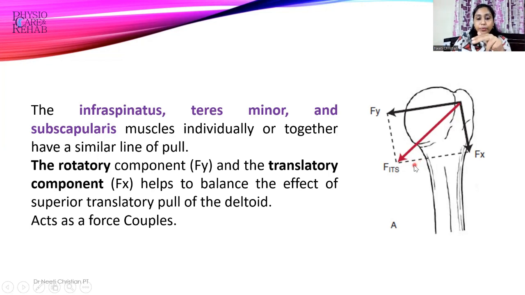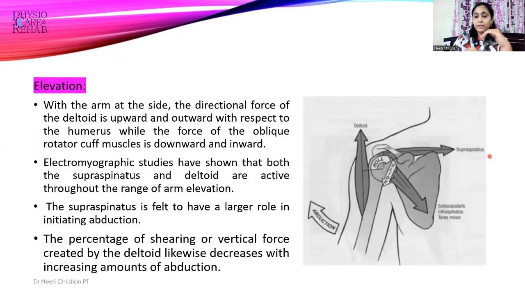The rotatory component and translatory component are almost similar. So it helps to balance the effect of the superior translatory pull of the deltoid, and that's how it acts as a force couple.